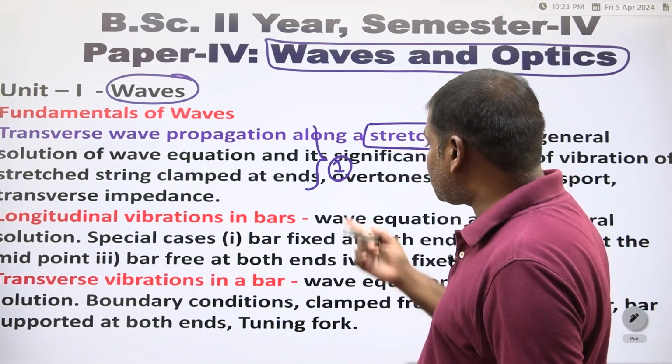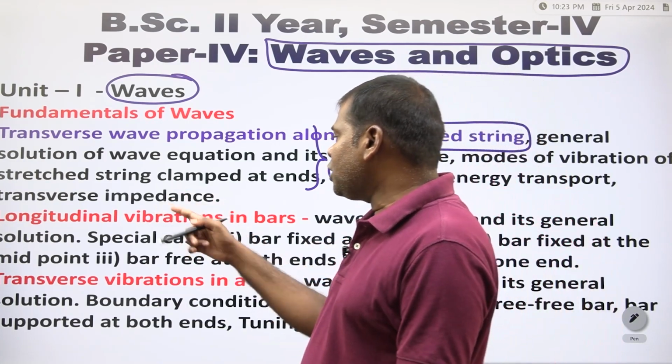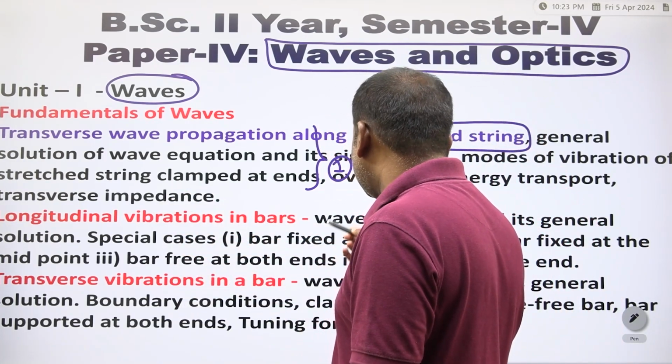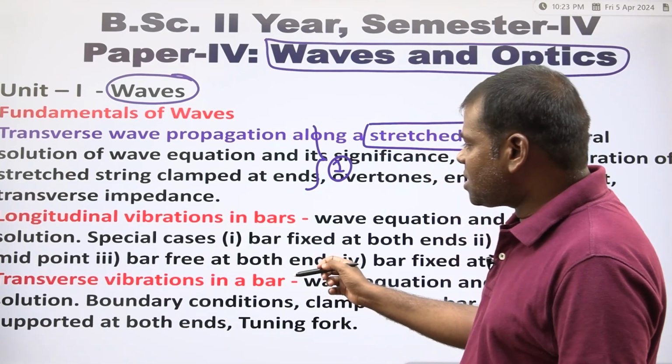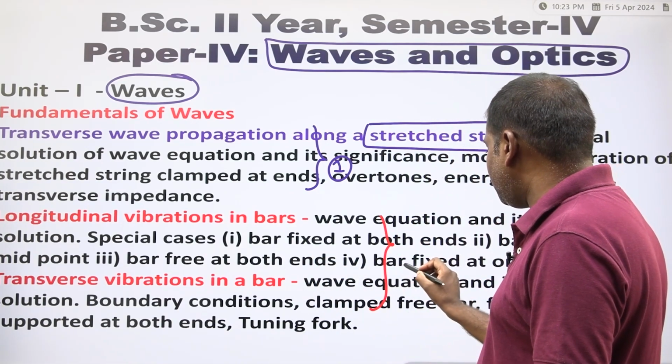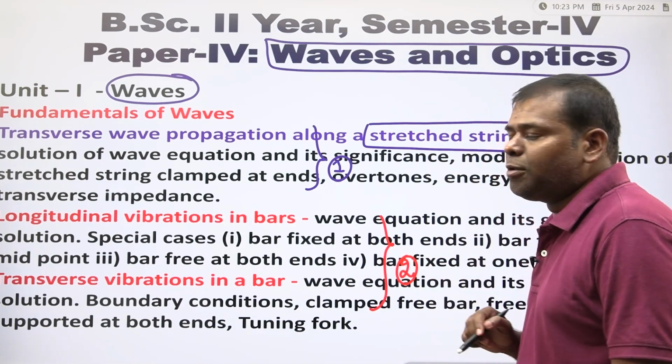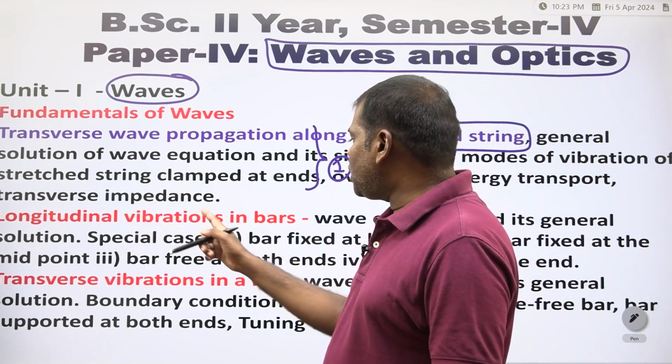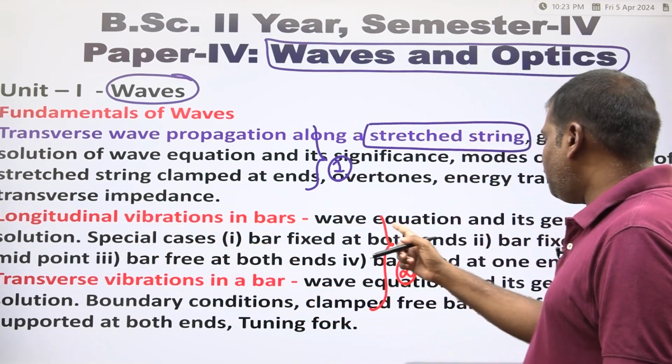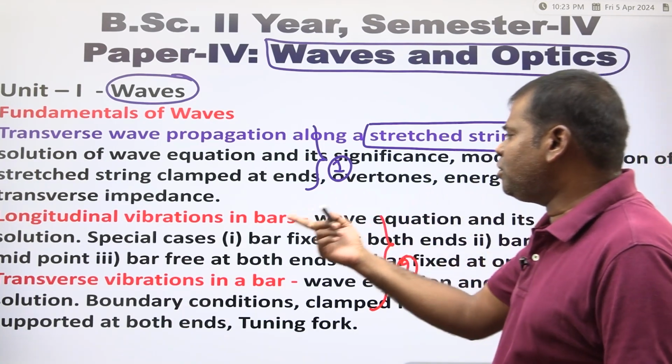The second part. Two parts are there. One is the longitudinal vibration of bars and the second is the transverse vibrations of a bar. This entire thing is the second part. Longitudinal vibrations in a bar, wave equation and its general solution.